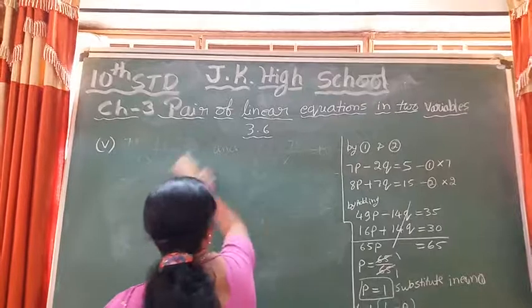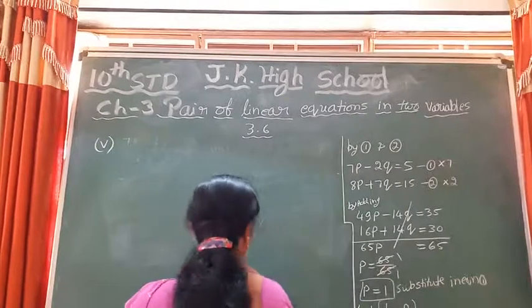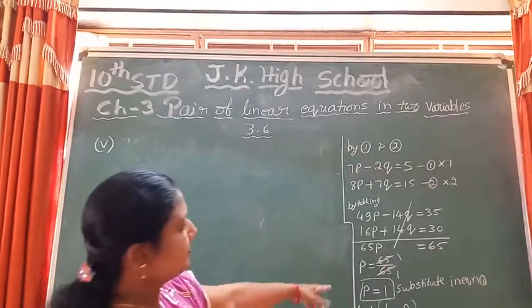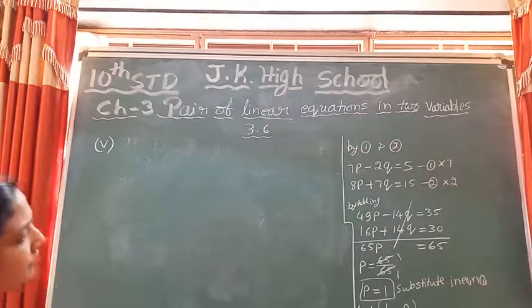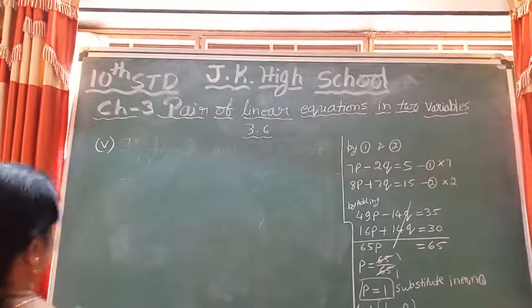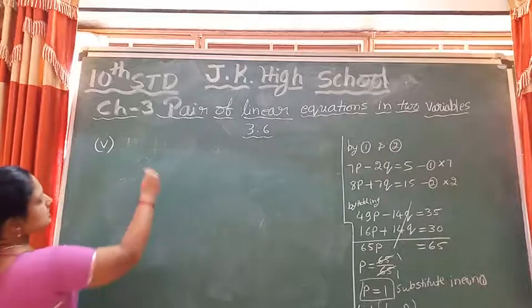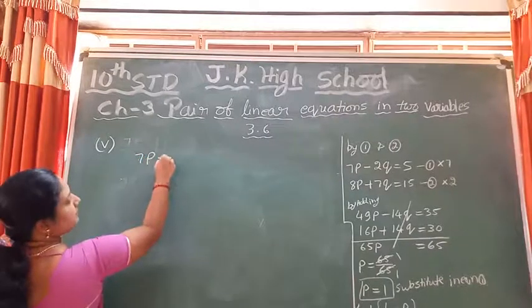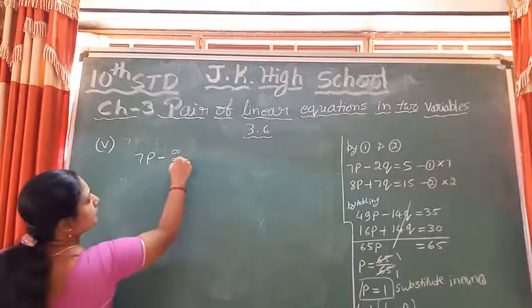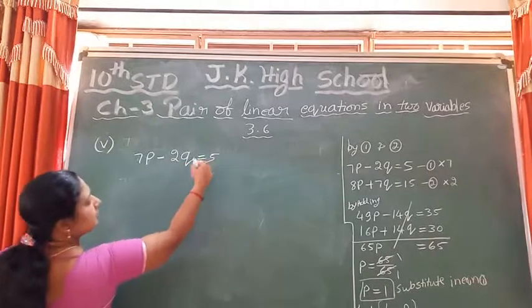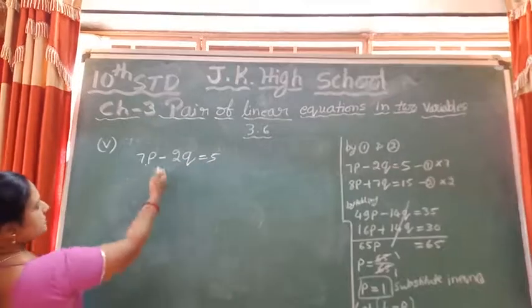Children, after that, p is equal to 1, substituting in equation 1. In equation 1, that is 7p minus 2q is equal to 5. You substitute the p value 1 in this equation.